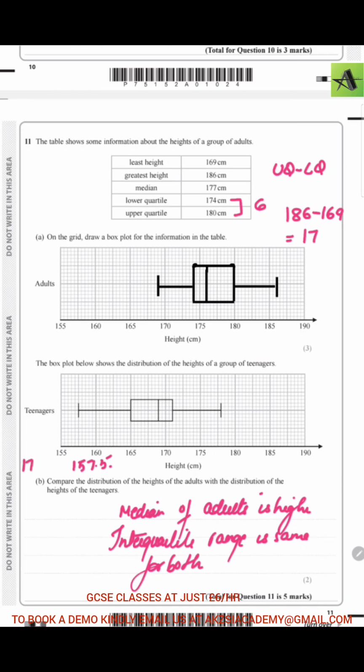So 178 minus 157.5, which is greater, I can clearly see. So I can say the range for teenagers is higher. And this is how you can compare. But mainly with the distribution, they expect you to tell the interquartile range and median.